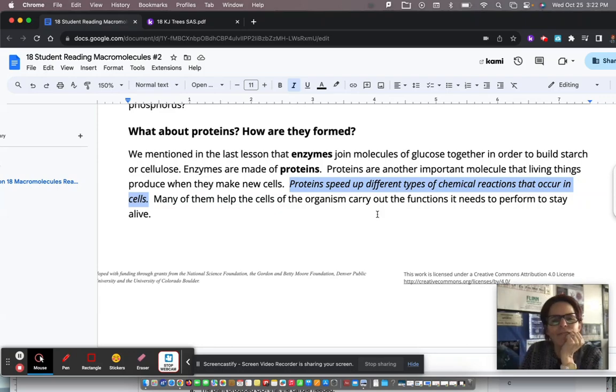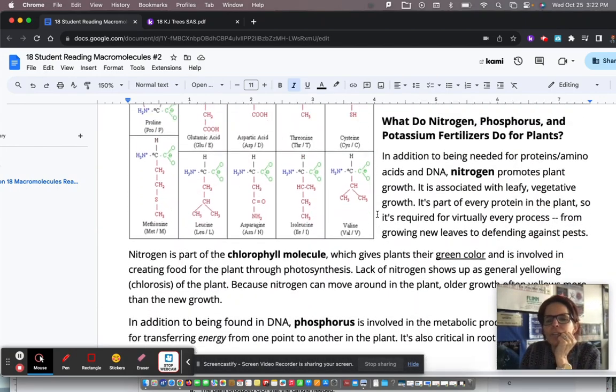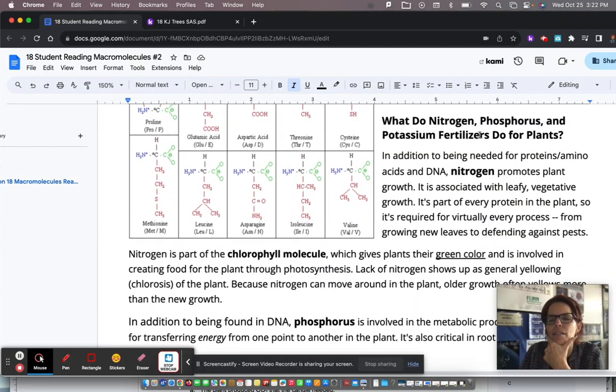What do nitrogen, phosphorus, and potassium fertilizers do for plants? So sometimes those fertilizers are called NPK fertilizers. In addition to being needed for proteins and amino acids and DNA, nitrogen promotes plant growth. It is associated with leafy vegetative growth.